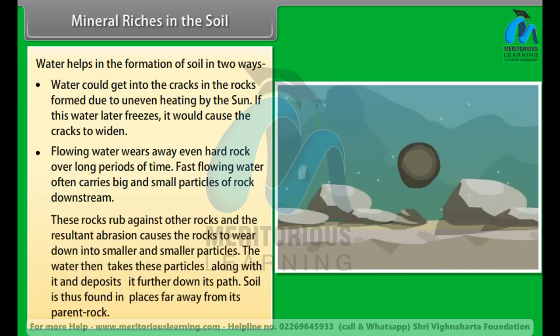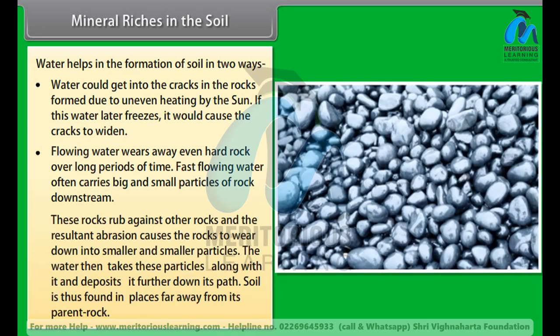These rocks rub against other rocks, and the resultant abrasion causes the rocks to wear down into smaller and smaller particles. The water then takes these particles along with it and deposits it further down its path. Soil is thus found in places far away from its parent rock.